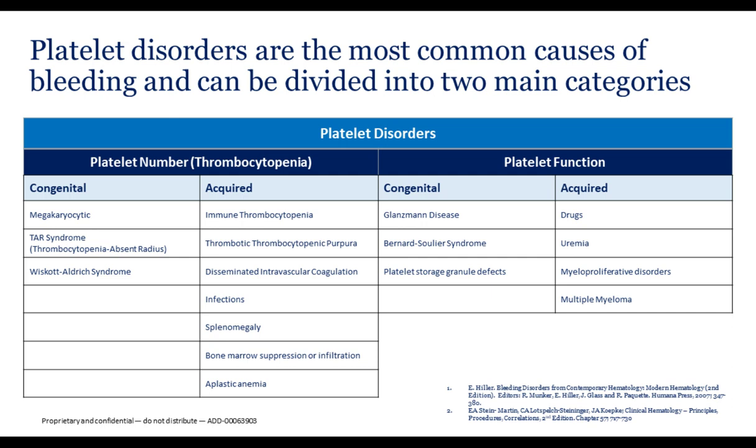In the congenital categories, you see things such as megakaryocytic hypoplasia, thrombocytopenia absent radii, and Wiskott-Aldrich syndrome, which is a very rare congenital disease. Certainly the acquired reasons include immunothrombocytopenia, thrombotic thrombocytopenic purpura, DIC, infections, splenomegaly, bone marrow suppression of infiltration, aplastic anemias.